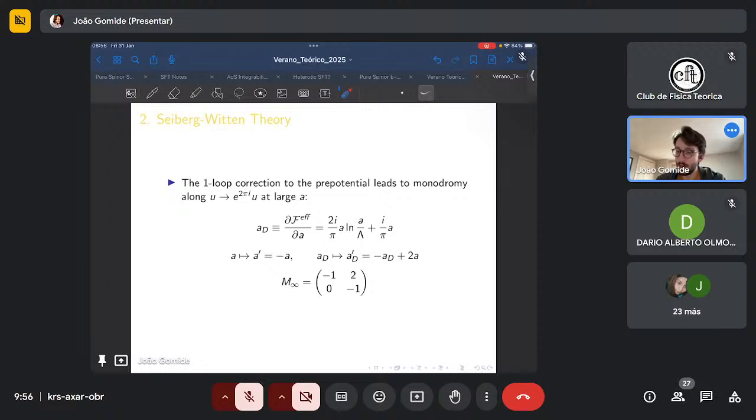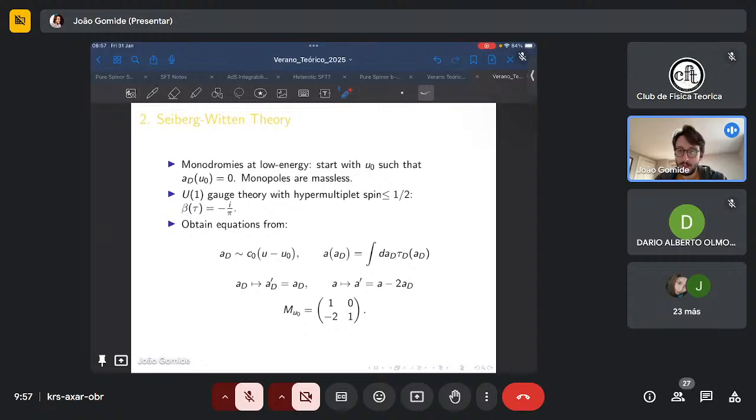We see that one of our coordinates goes to minus itself, and the dual coordinate goes to minus the dual coordinate plus 2a. So we have this M_infinity matrix acting on our coordinates. This is a further characterization of the auxiliary space that we constructed.